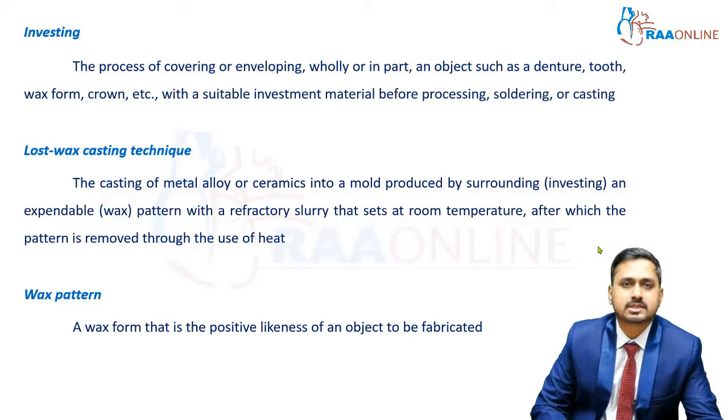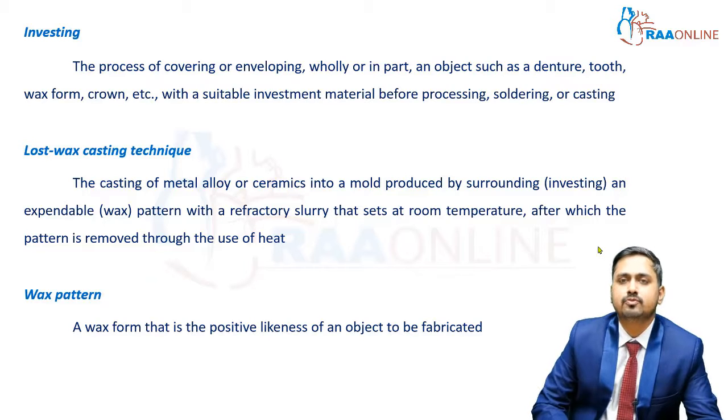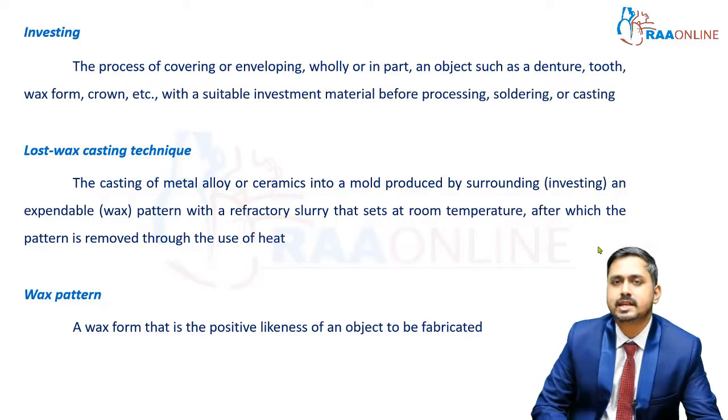Then we move on to the casting procedure, where the investment material almost fully covers the restoration, along with the sprue inside, which forms a channel through which the wax pattern melts and escapes, and a mold is created. Onto this you pour the molten metal, and once it solidifies, it becomes the restoration.